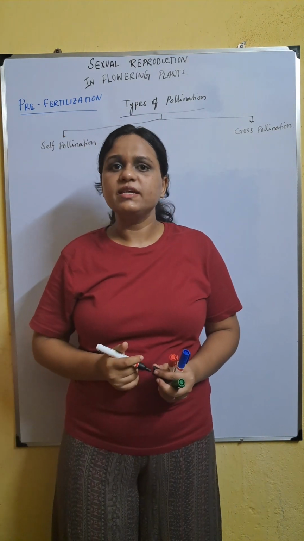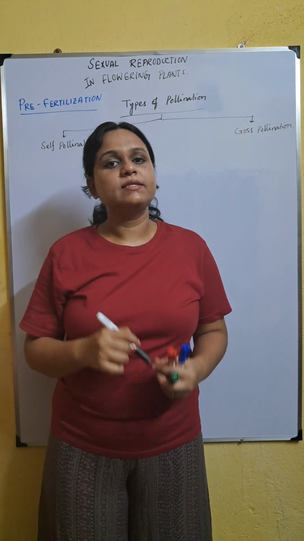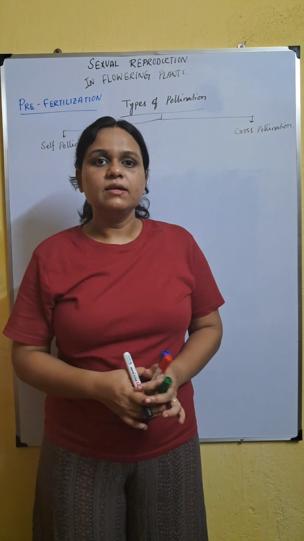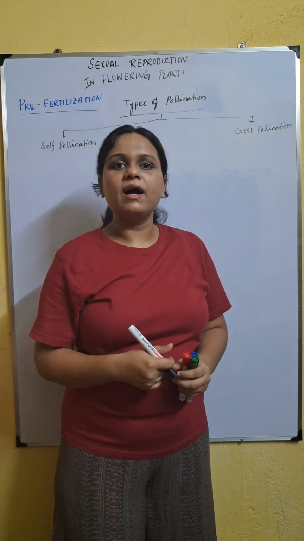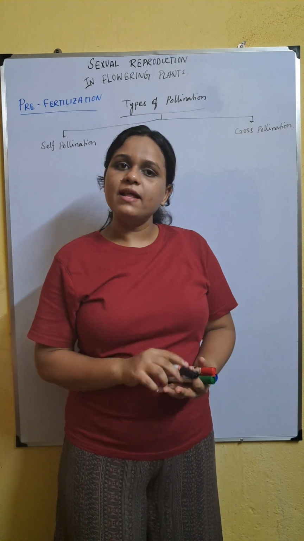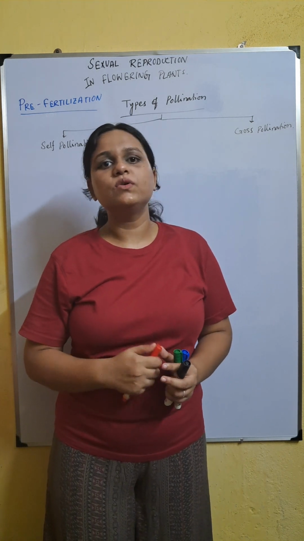Self-pollination is a process in which the transfer of pollen grains occurs in the same plant, and in cross-pollination, the transfer of pollen grains occurs between different plants. The self-pollination is also differentiated into two types.